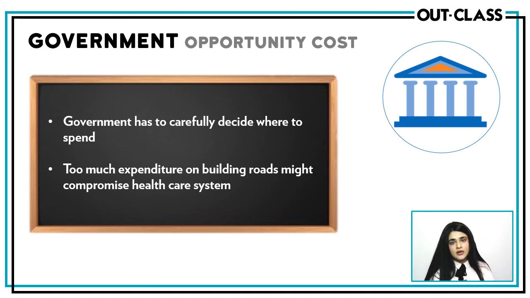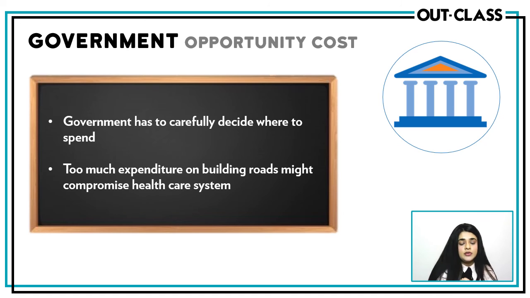Government opportunity cost. Now, the government has to be really careful because every time they make a decision, they obviously incur an opportunity cost, and they have to be very careful to minimize their opportunity cost. A government obviously has a set budget. Within that set budget they have to plan very carefully, so they have to see which thing has the least opportunity cost and then invest accordingly.